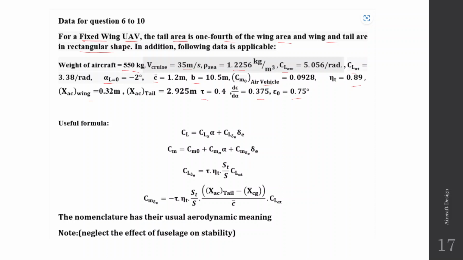Yes, you have to find the neutral point. So let me proceed here.